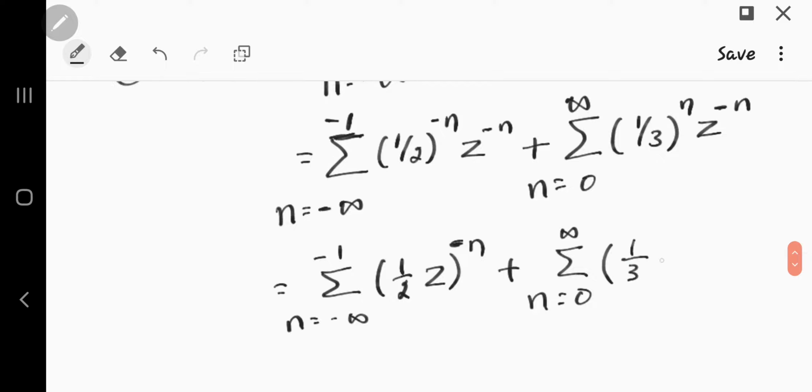So I will take 1 by 3 z inverse whole to the power of n, because I'm trying to bring this to a standard geometric series form so that I can apply that.